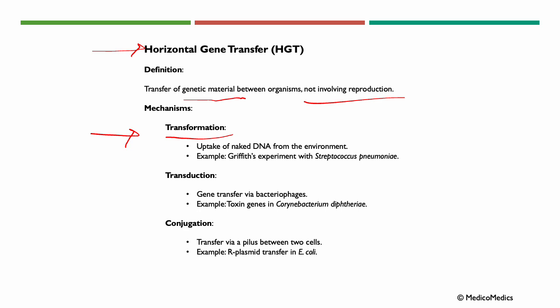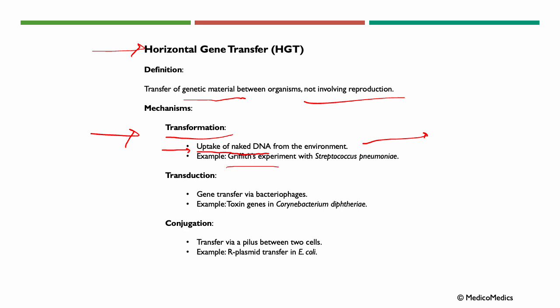So first we have transformation. It is important to know that it is the uptake of naked DNA from the environment. Bacteria absorb free DNA fragments from their environment and integrate them into their genome. This requires the recipient bacterium to be competent, meaning capable of DNA uptake.